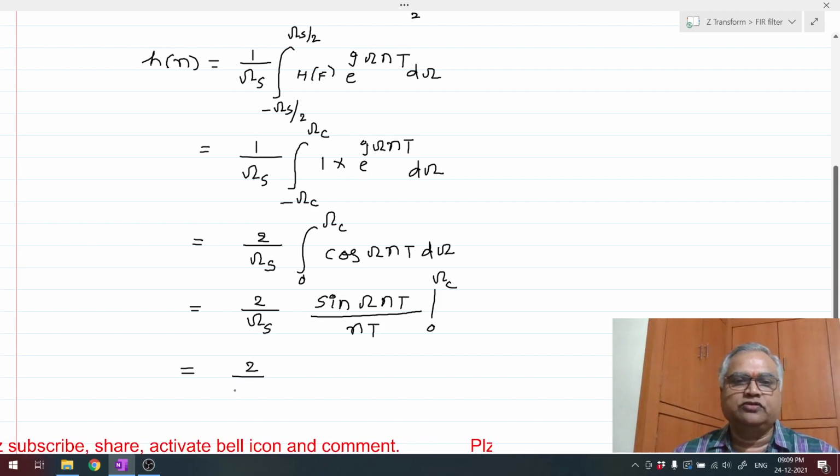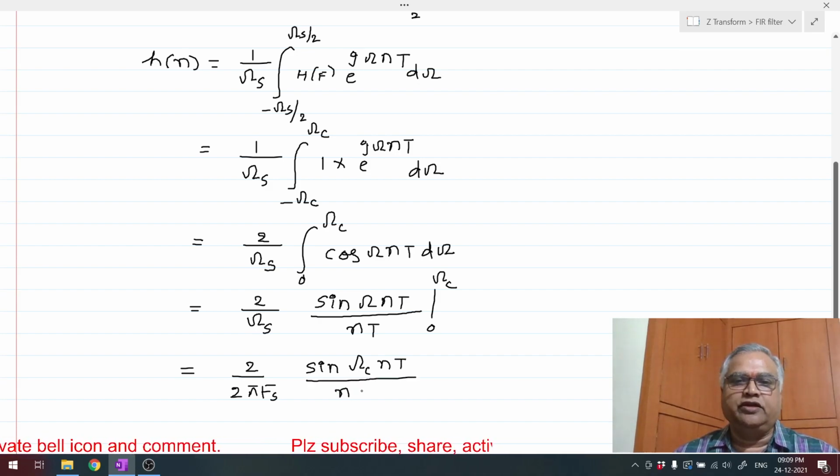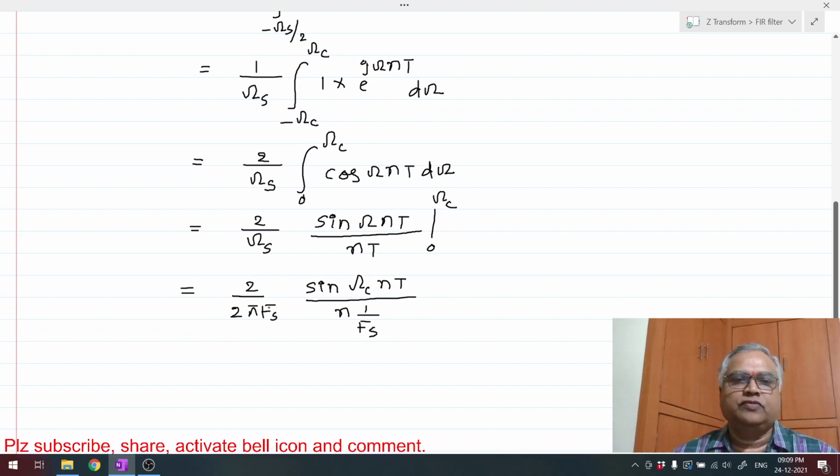This is further 2 by omega s. Omega s is nothing but 2 pi fs. Sine, after substituting, it will become omega c n T, and T is nothing but 1 by fs. So fs cancels, this cancels, 2 cancels, and we'll get sin.